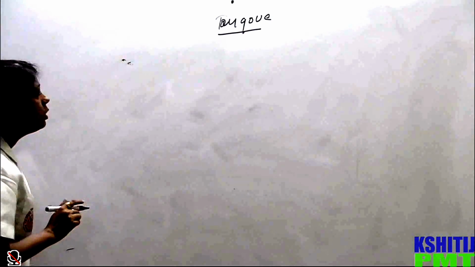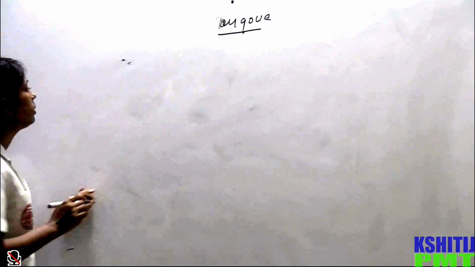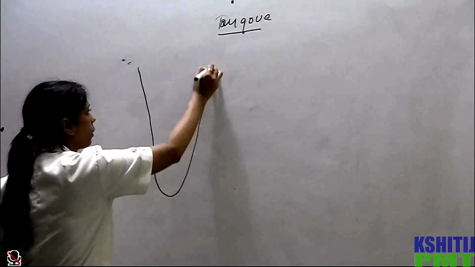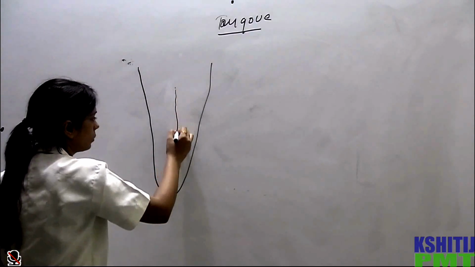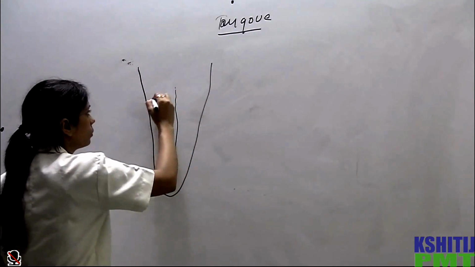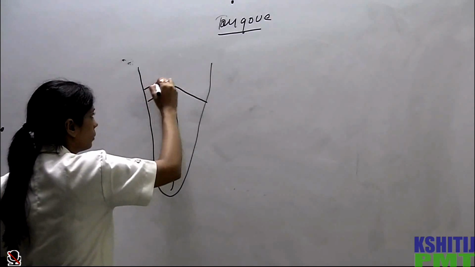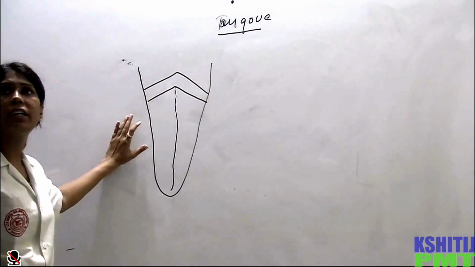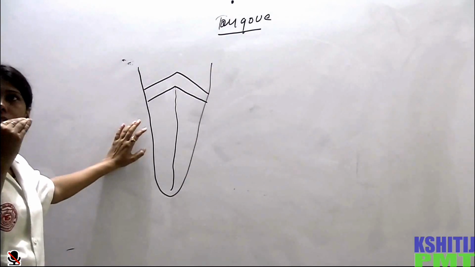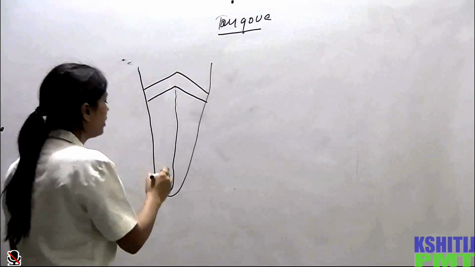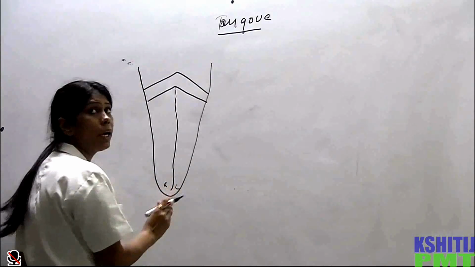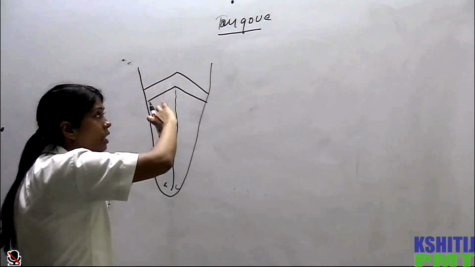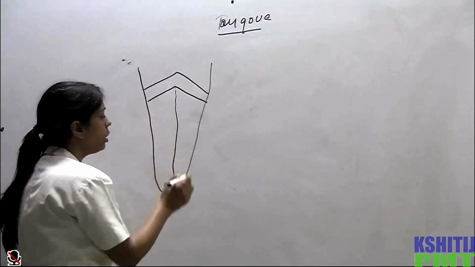Now, first of all, we'll go for the structure of the tongue. Our tongue is divided into left and right portions, and anterior and posterior parts.